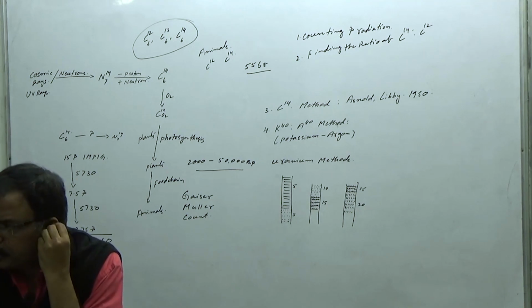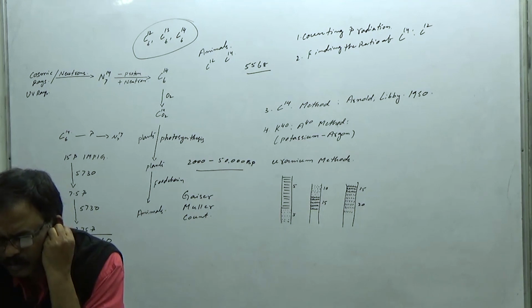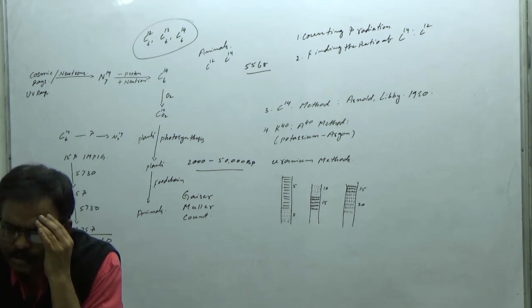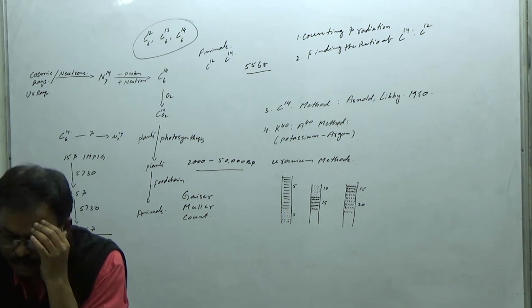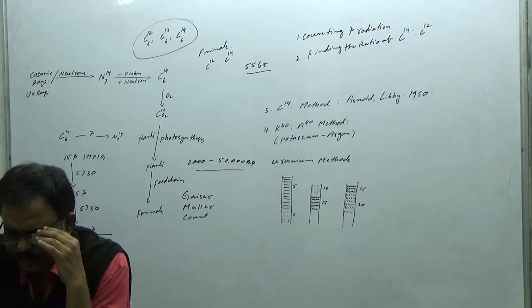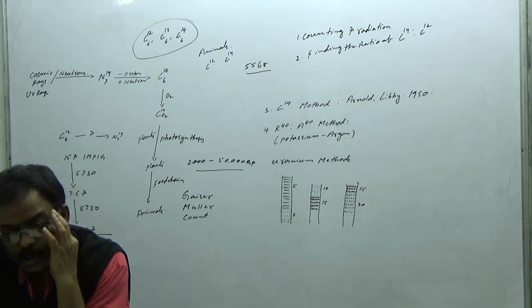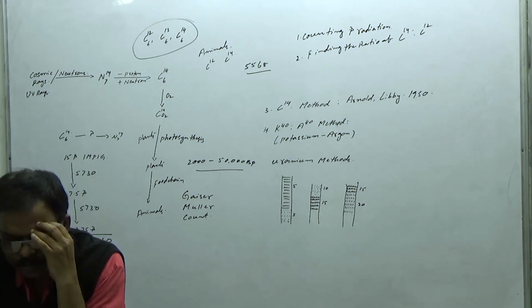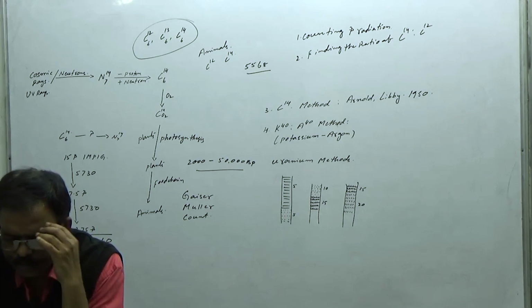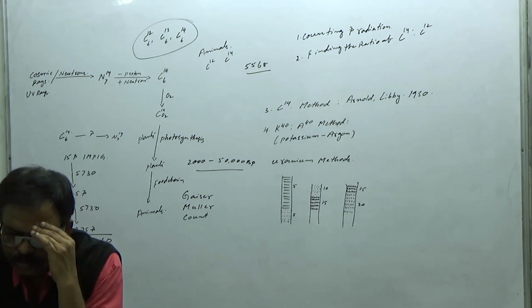This leads to the formation of C14. C14 is unstable and radioactive.